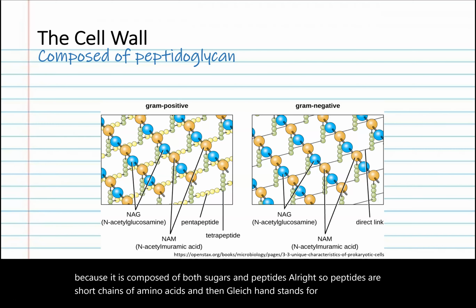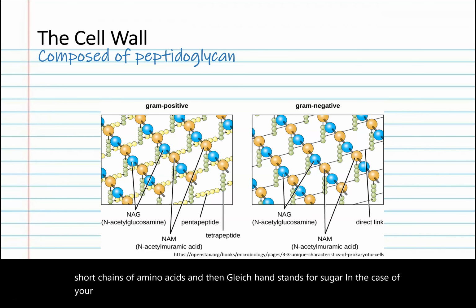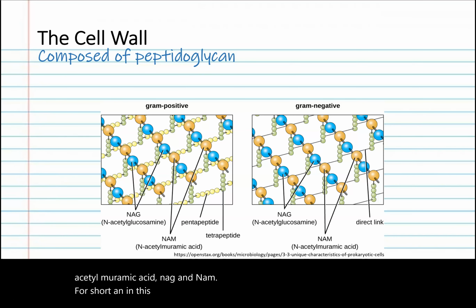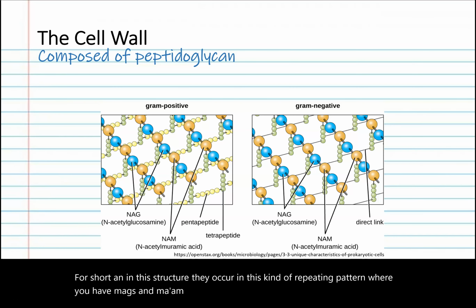In the case of your peptidoglycan, the sugars that we find are N-acetylglucosamine and N-acetylmuramic acid, NAG and NAM for short. And in this structure, they occur in this kind of repeating pattern where you have NAG, then NAM, then NAG, then NAM. So they come in these long chain polysaccharides.